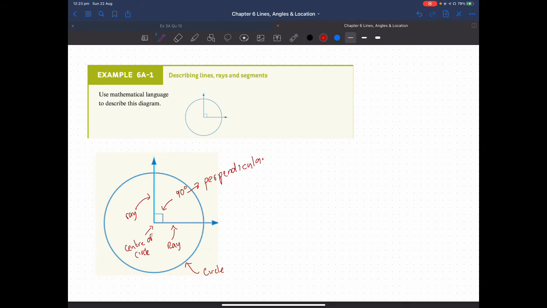So what we're asked to do is describe this in mathematical language. So what can we say?